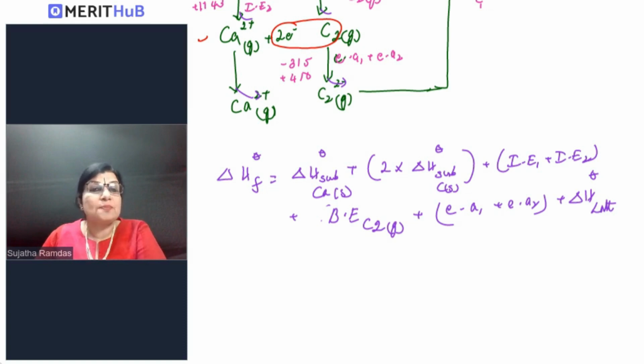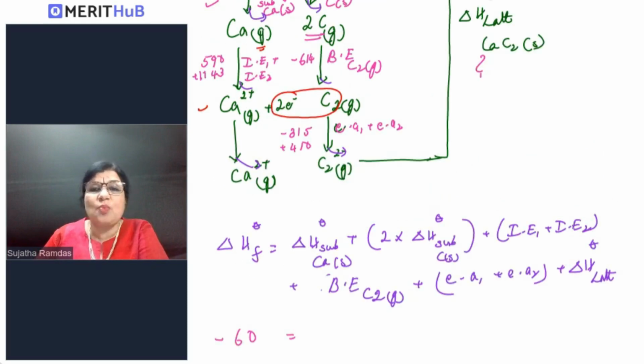Right? Now let's place the values. What are the various values? The values are minus 60 is the value for enthalpy of formation, that is equal to sublimation. We have written all the values here.